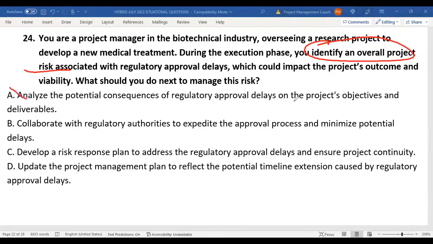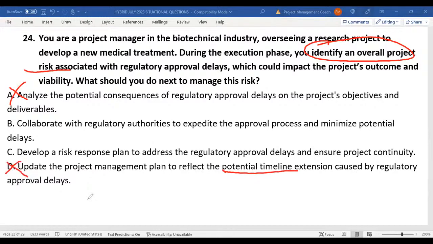So A has already been done for you and it's been labeled as an overall project risk. Okay. Let's go to D. Update the project management plan to reflect the potential timeline extension. You wouldn't update potential extensions. You need to ensure that whatever you're doing is indeed approved, right? So it's not that. So we'll cancel D. And that leaves you with B and C.